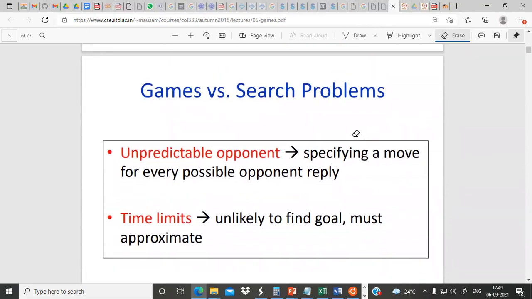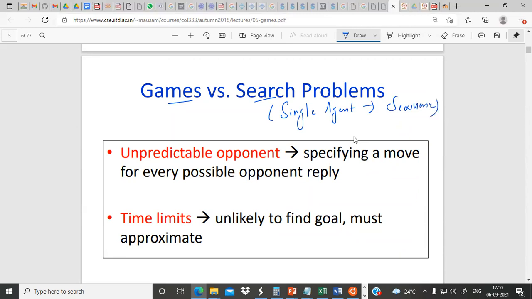And what's the difference between the games and search problems? If you see here, search problems, in the sense we are talking about, are the ones with a single agent, that is, which provide a sequence as a solution.